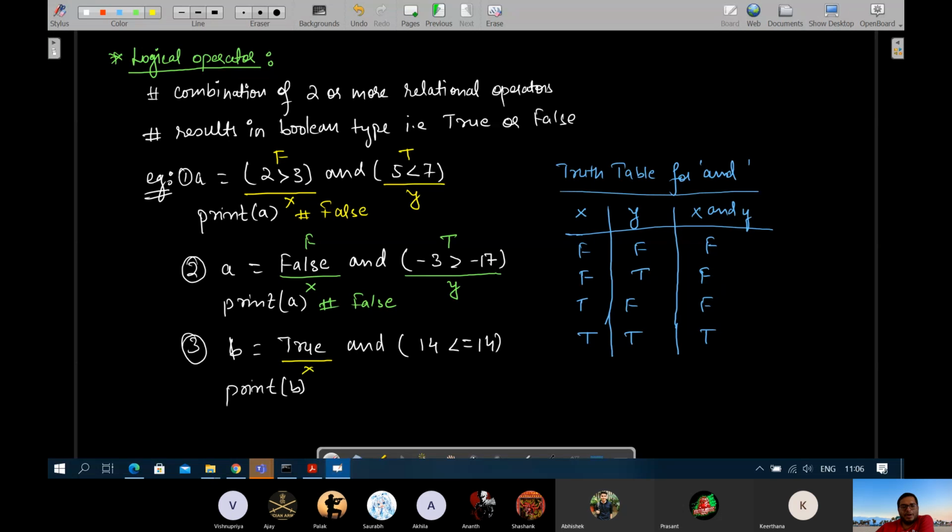This part is x, this part is y, so this will result in true. This is already true and this will also result in true. Therefore, true and true will give you true. ये कंसेप्ट समझ में आया?